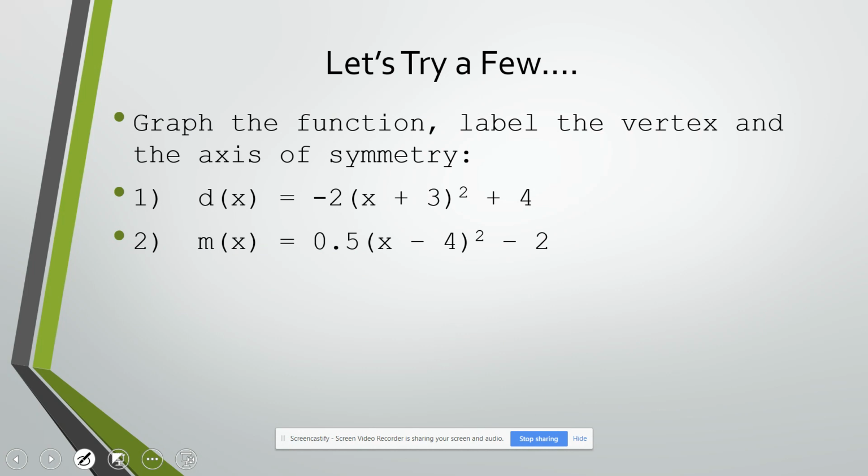So let's try a few. Let's take a look at example 1. First, let's talk about our transformations that are happening. This negative, remember, reflects over the x-axis. The 2 is a stretch.